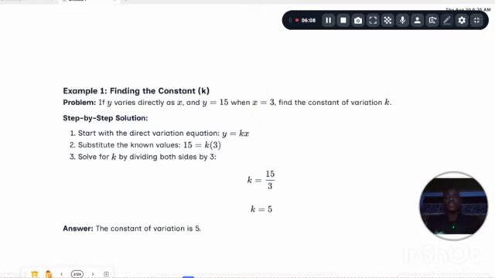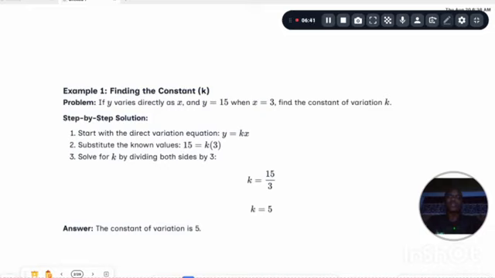I'm going to start with how we can find the constant. After that, we move to how we can describe the relationship by writing an equation for it. Whether we are told to do so or not, this is also necessary. It will make our calculations very easy. Then the third aspect is how we can calculate unknown variables, having known the constant and having described the relationship with an equation. So let's take it one after the other.